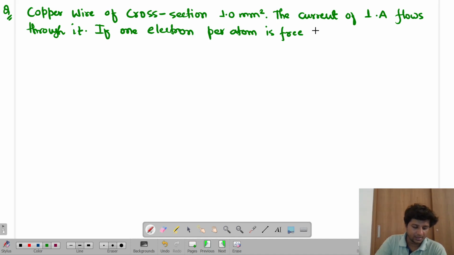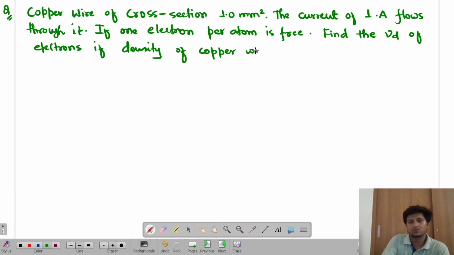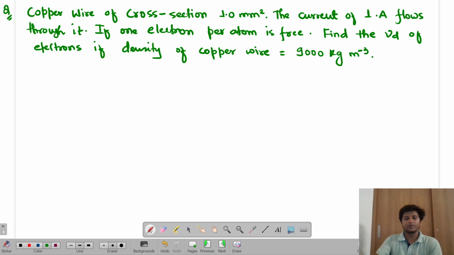Okay, then the question is to find the drift velocity of electrons if the density of the copper wire is given, equal to 9,000 kg per meter cube.